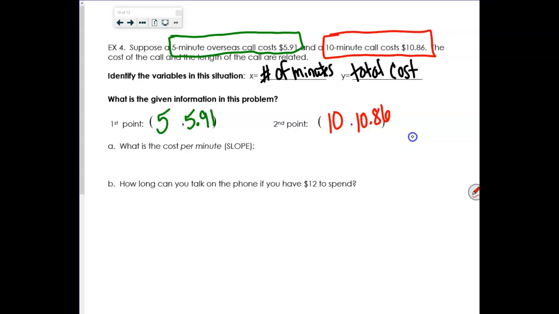I don't have a formula for a line that's called the 2 points form. So what I have to do now is calculate slope using that formula you guys just gave me. So the formula being Y2 minus Y1 over X2 minus X1. Remember that with these ordered pairs, it doesn't technically matter as long as you keep your order straight. I'm going to call this X1, Y1, and this guy X2, Y2.